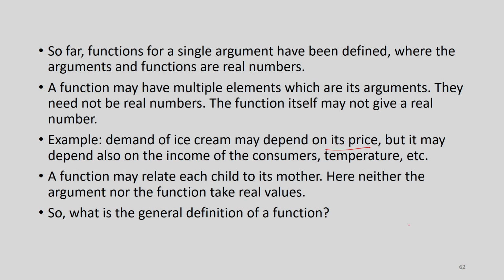So, I can write it like this: D, which is demand, is a function of price, it could be a function of income, it could be a function of temperature, let us say it is TMP, etc. There are multiple independent variables which might be affecting the demand, and so this function is a function of many variables.